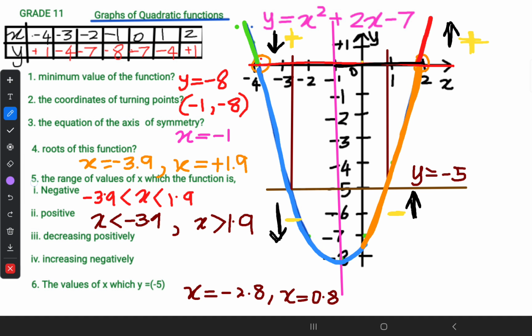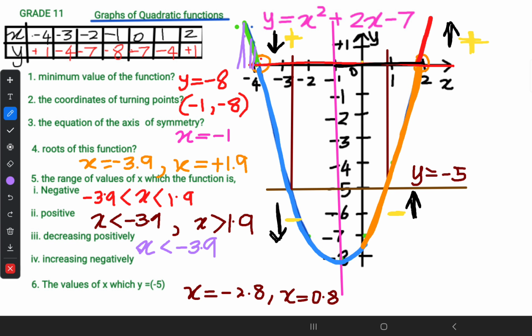What are the questions? Decreasing positively. So look at this region, decreasing and positive in this region. So when x is here, that means when x is less than negative 3.9, that means negative 4, negative 4.1, negative 4.2, negative 4.3 and lesser values.